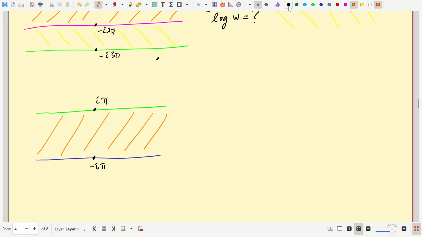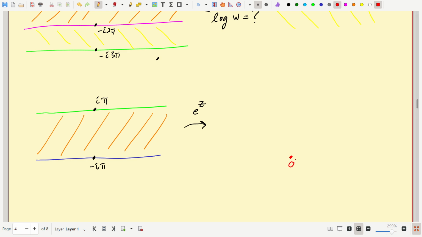Now if you think about what happens here, e to the z is going to map both those lines, the blue one and the green one, to the negative real axis. Okay? And if you think about it, 0 never gets hit.